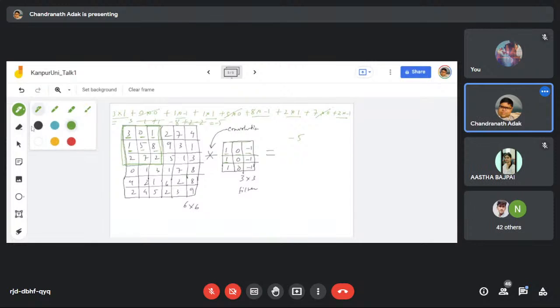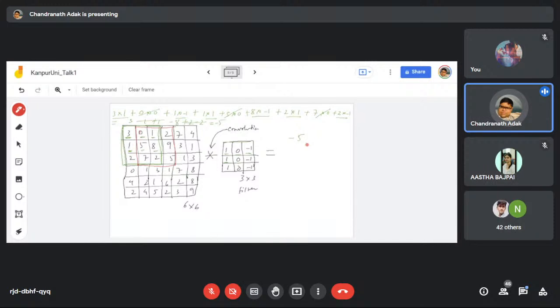Now I will slide this window one position. Now for this red color box, you again perform the same operation: 0 into 1, then 1 into 0, 2 into minus 1, plus 5 into 1, 8 into 0, 9 into minus 1. Similarly, you will get the next value. Can anyone calculate what you will get?